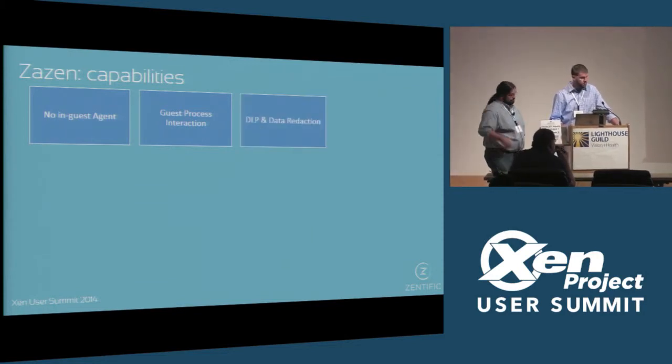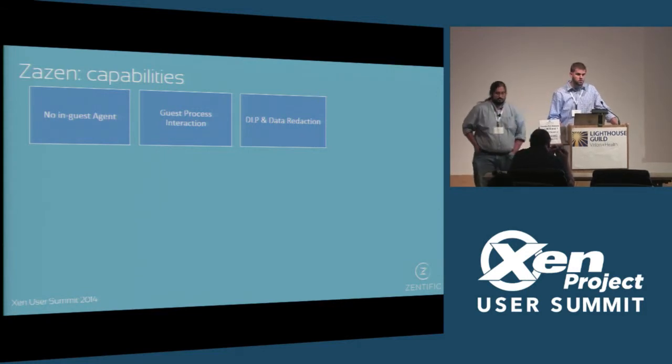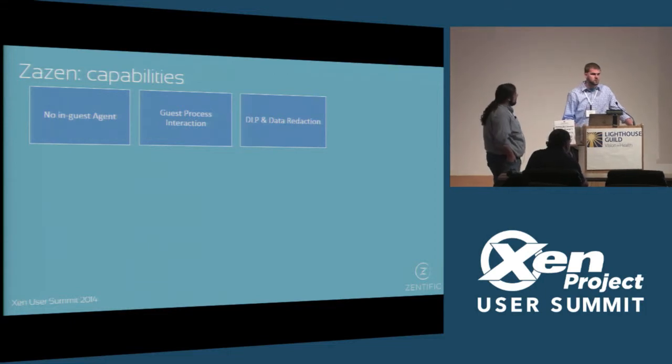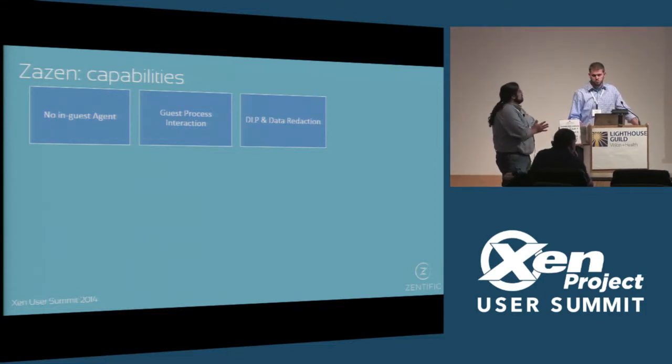There's a lot of DLP applications and redaction applications to this. Because we know what's in memory, if you're interested in certain files being opened or certain algorithms that may bring in data that you may not want ever leaving that system or even be in memory, you can write to that memory. Let's say a social security number is in there. Let's zero it out.